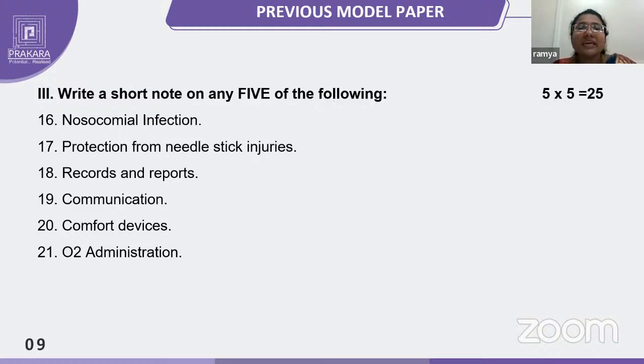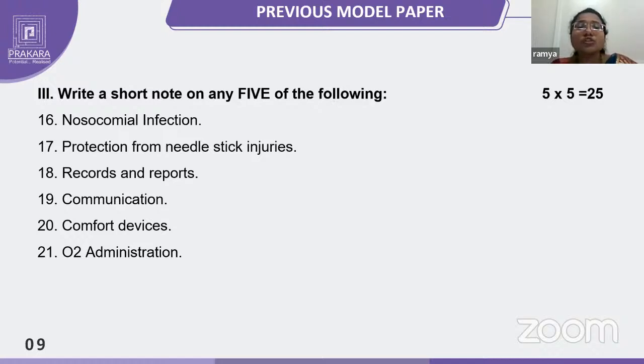So you will place the patient in Fowler's position by raising the bed to a 45-degree angle, by using some comfort devices, like keeping cardiac tables or a backrest. Like that, we comfort the patient.